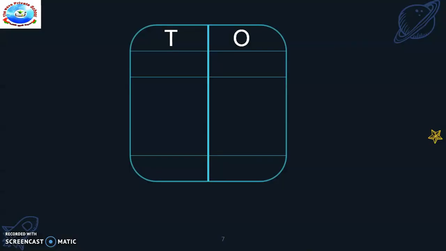We'll go back to the problem. Our first step is to write the numbers according to their place values, that is in the ones column and in the tens column. We need to subtract 61 minus 12.